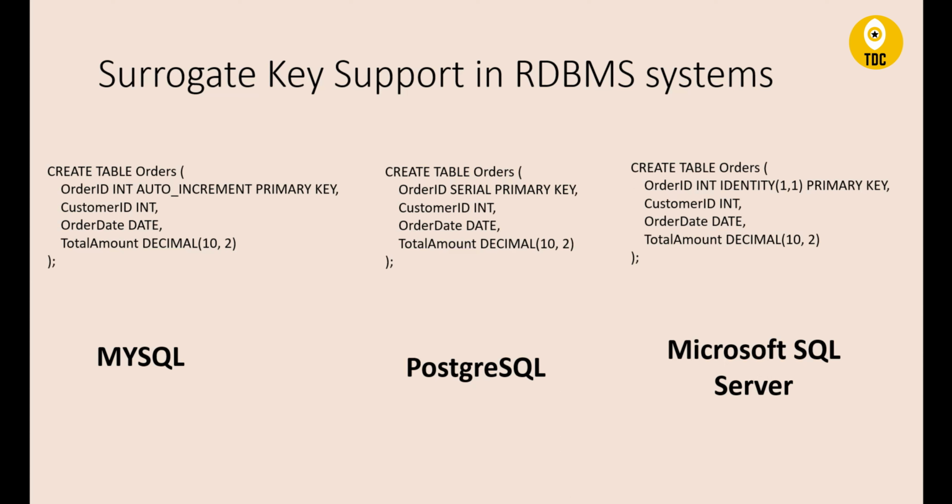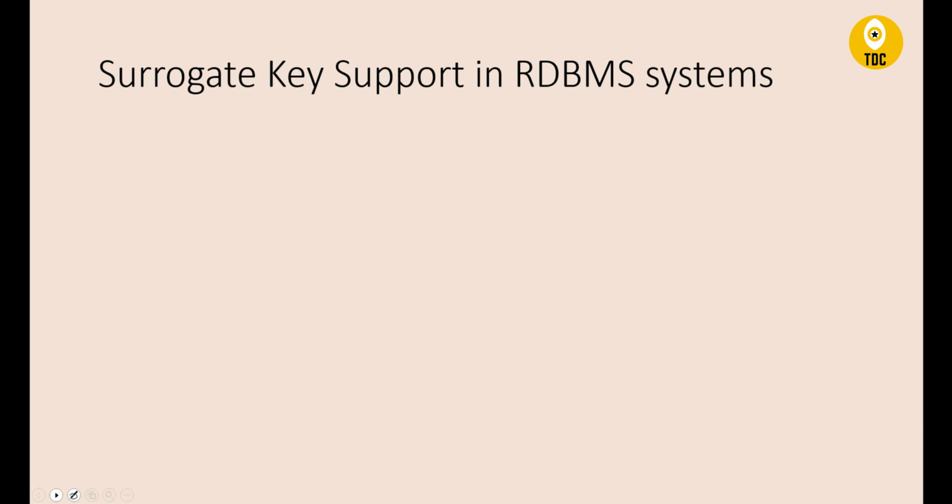Here, you see order ID int, and you mention AUTO_INCREMENT. That is the syntax in MySQL. But in PostgreSQL, it is SERIAL, that is the keyword to use. And in Microsoft SQL Server, it is IDENTITY(1,1). That is how you need to define the surrogate key in each of the different systems, right?